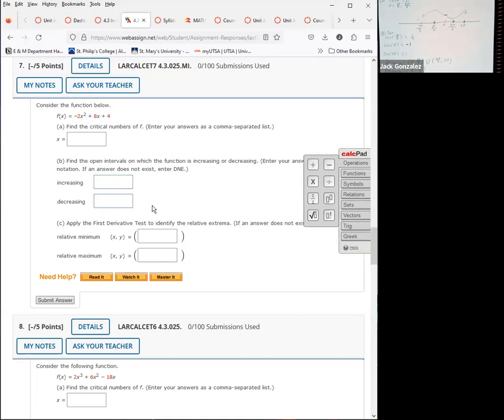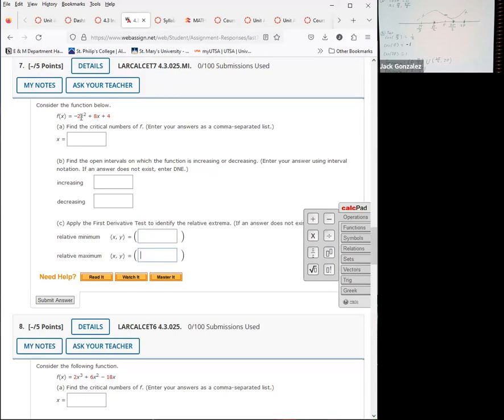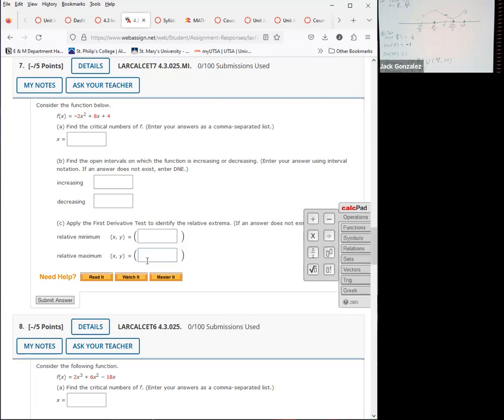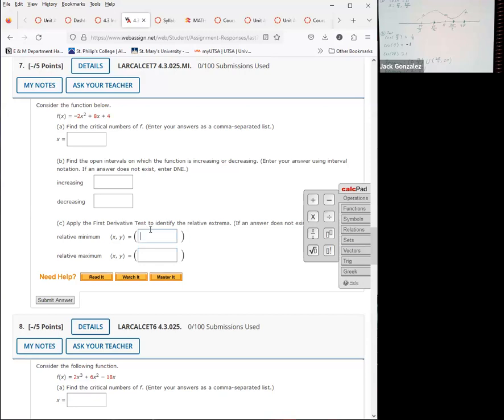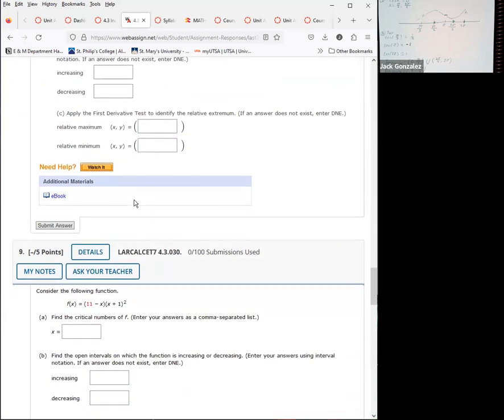And then based on this information, you can determine where your minimums and maximums are. Since this is a quadratic, you should know if it's negative here, it's opening down, so we should have a max. So there's no minimum. This is a cubic. This might have multiple relative minimums or maximums, but it's going to be the exact same stuff.